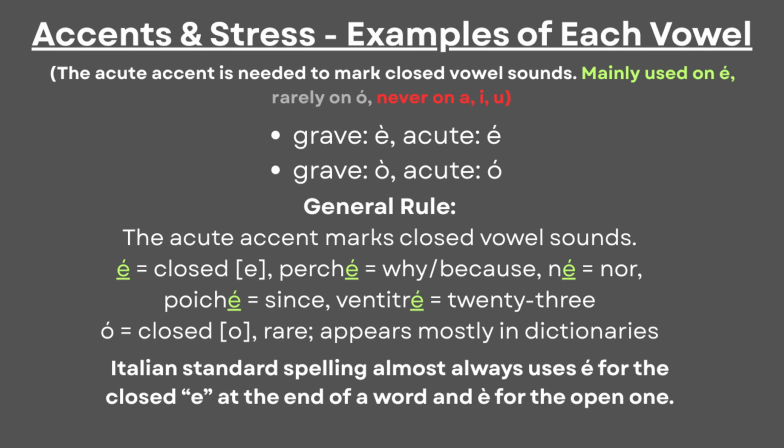Practically, Italian standard spelling almost always uses é for the closed e at the end of a word, and è for the open one. This explains why the acute accent is common on e, like in the words perché, né, poiché, trentatré. On the other hand, the accent is rare to see on o, because it mainly appears in dictionaries.